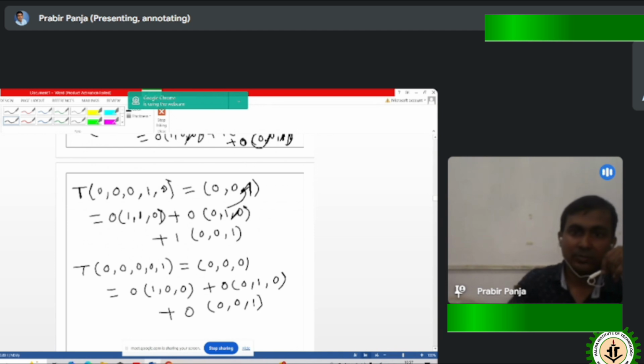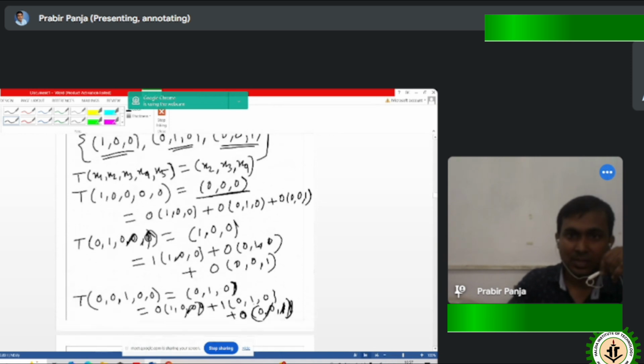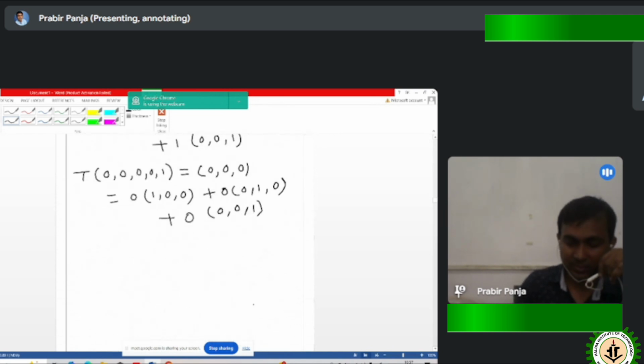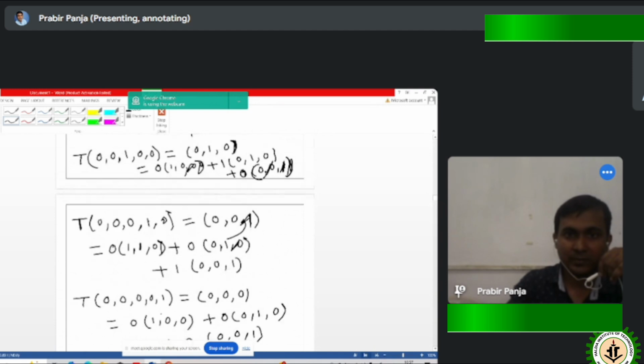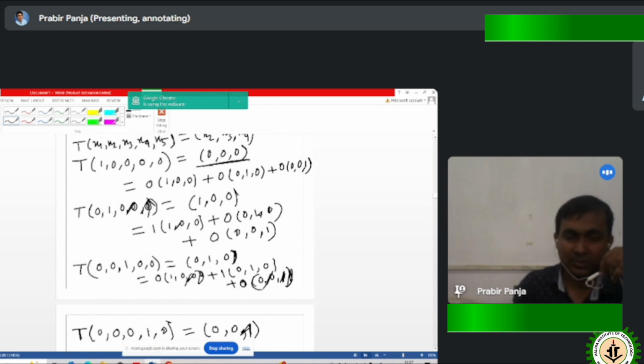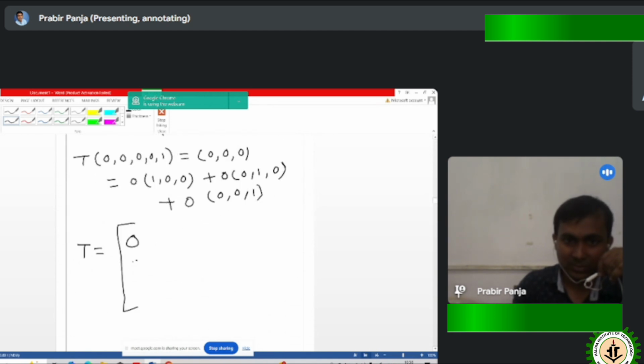Now we have a total of five equations, and from these five equations we can write the matrix representation for the linear transformation. In the first equation, the constants are 0 0 0, and we'll write it column-wise, so it will be 0 0 0.